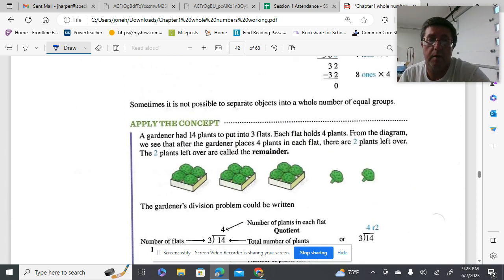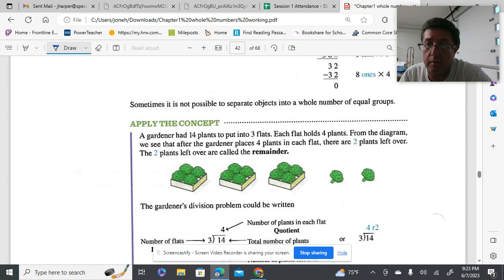Okay, so this is apply the concept. A gardener has 14 plants to put into 3 flats. Each flat holds 4.